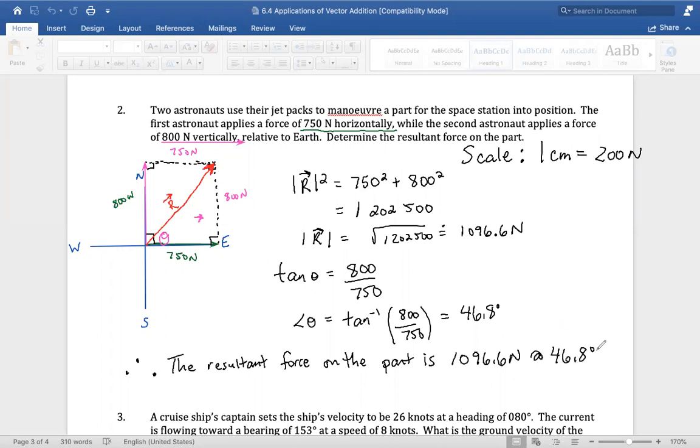So at 46.8 degrees, let's say above, or you can use the word from the horizontal, but I'm going to explain a little bit further above or from the horizontal once I write this out.